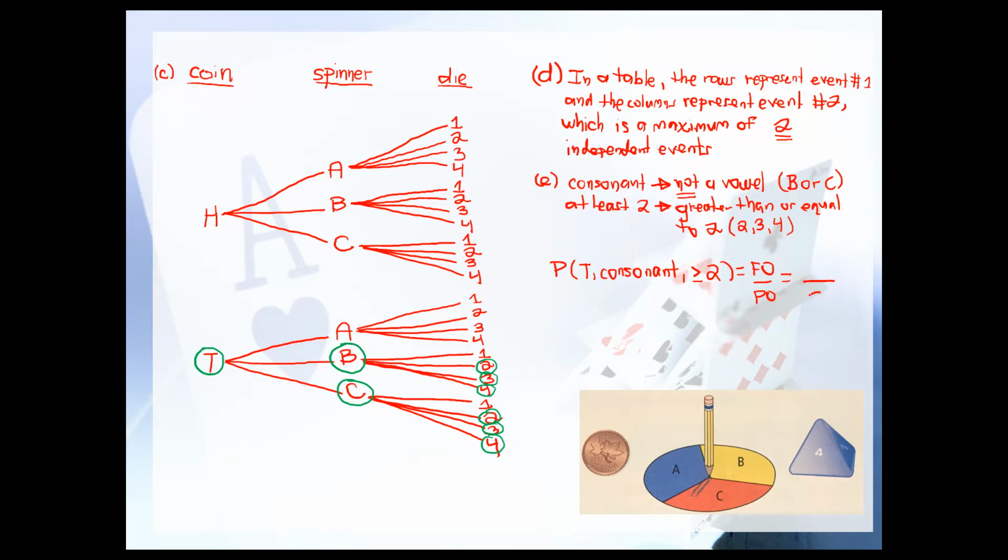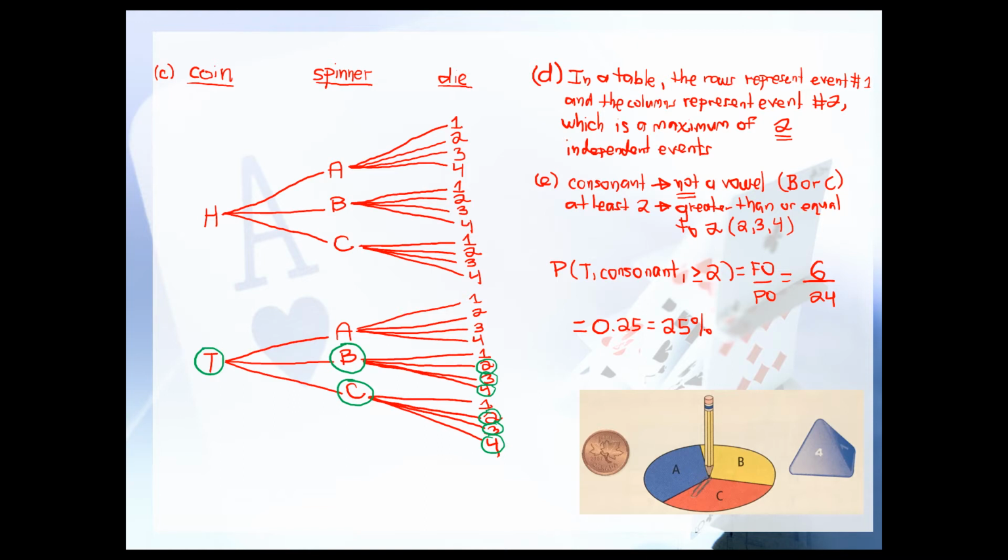How many possible outcomes? There's 24. We actually calculated that before we even drew the tree diagram. How many favorable outcomes? Well, there'll be 6 of those. Okay, so 6 over 24. I'll write the work on the next line here because I've run out of space. 6 out of 24 gives you a nice terminating decimal. It gives you 0.25. And then if you take that and multiply by 100 to turn it into a percentage, you would then have 25%.